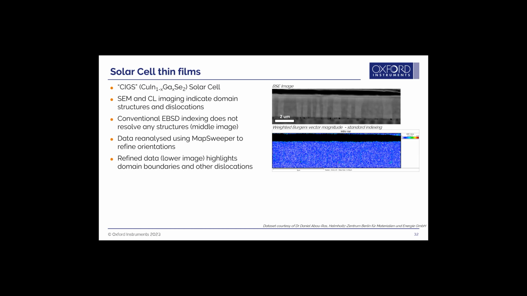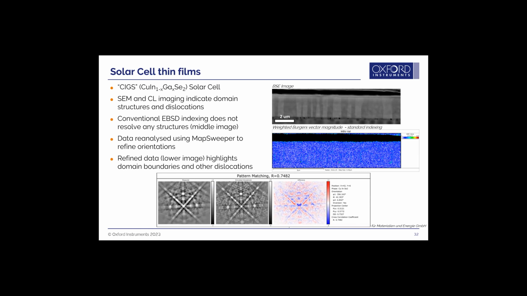If I show the example here, this is just a quick animation that's flipping back and forth. You have a slight domain shift here between the dark and brighter phases in the BSE.